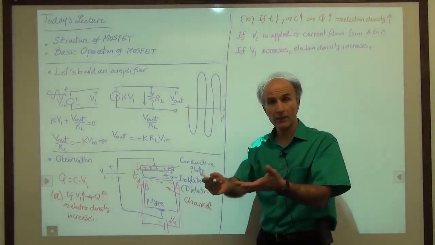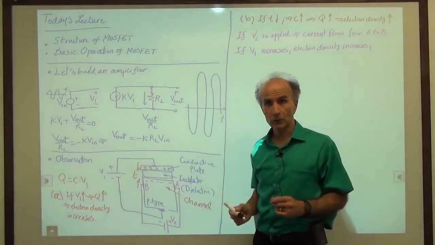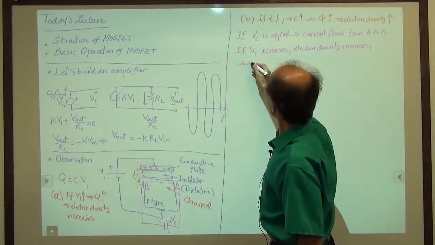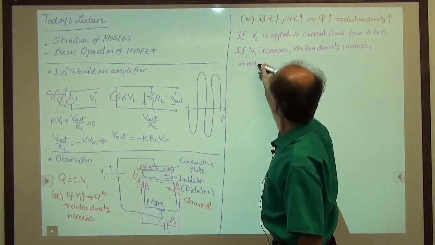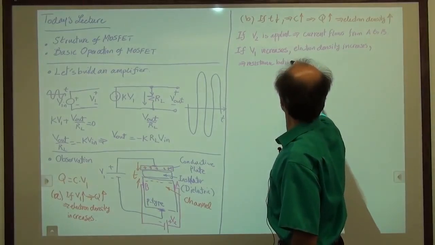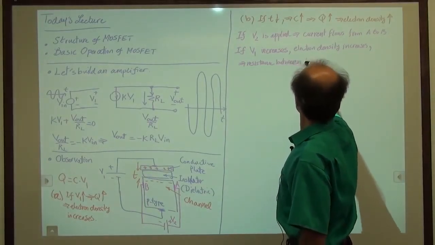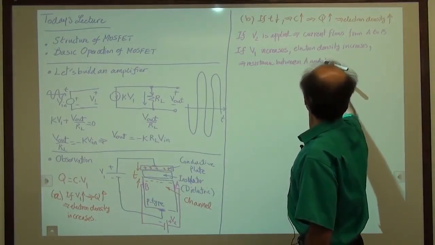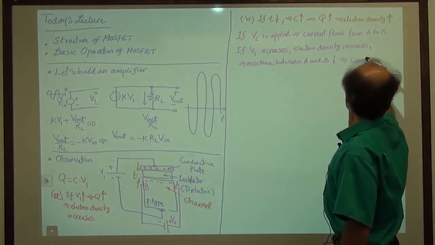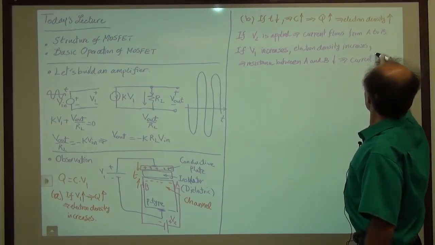If you have more charge carriers, you have less resistance between two points. So we have resistance between A and B decreases, which means the current that's flowing increases.